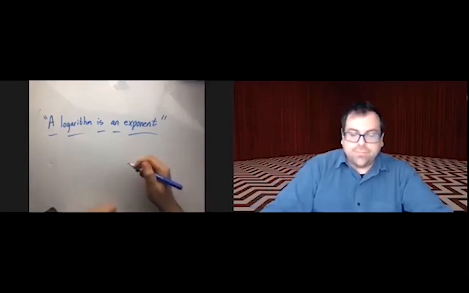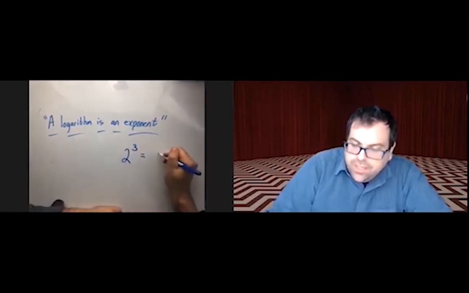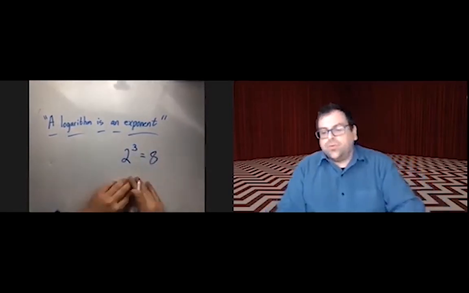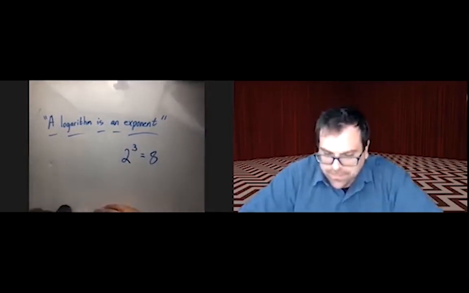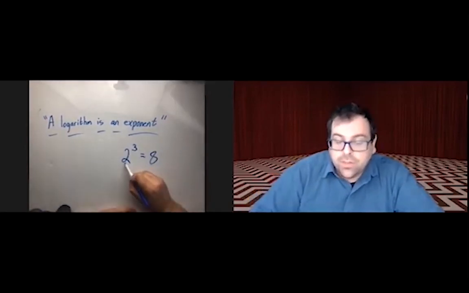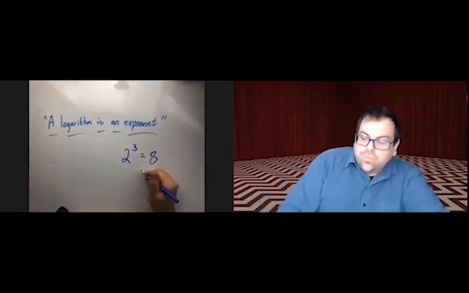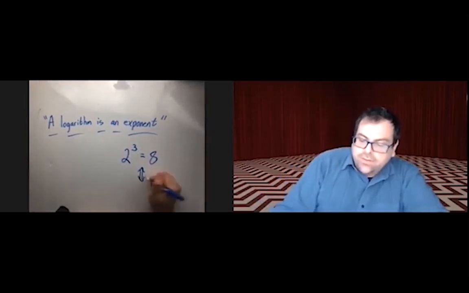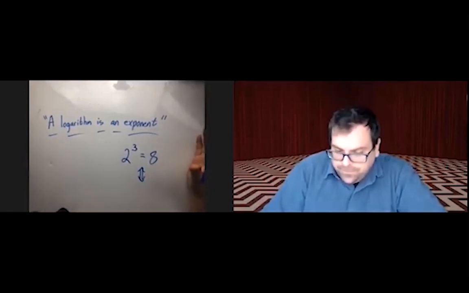What do I mean by this? Well, let's say we have 2 to the third equals 8. This is a true exponential equation. The base is 2. The exponent is 3. So we can write an equivalent equation in logarithmic form.